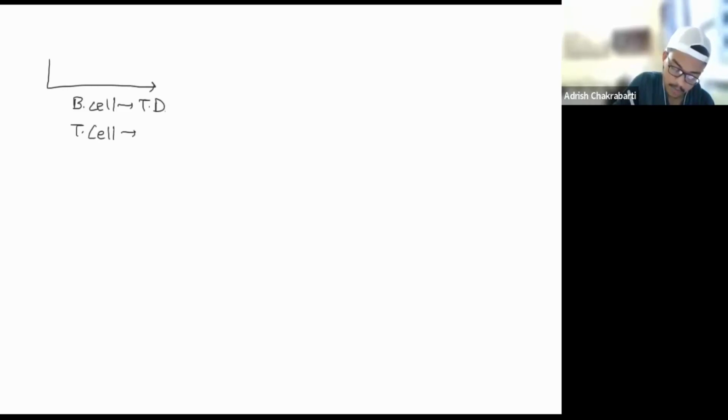Now we are moving on to the third division. What exactly is happening? So now we have the basal cell undergoing transverse division, and the terminal cell undergoing another longitudinal division. So now the structure is going to be something like this.